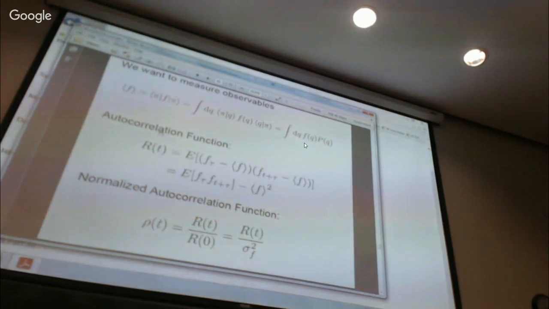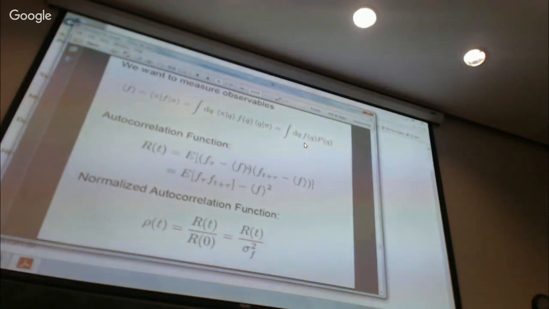Even though I called it the autocorrelation, it's formally called the autocovariance. Obviously, if t equals 0, this thing is just equal to the ordinary variance. So it's quite common to define the normalized autocorrelation function by dividing this by the value at t equals 0, so that at t equals 0, it's normalized to 1. This is a measure of how correlated successive elements in the Markov chain are.